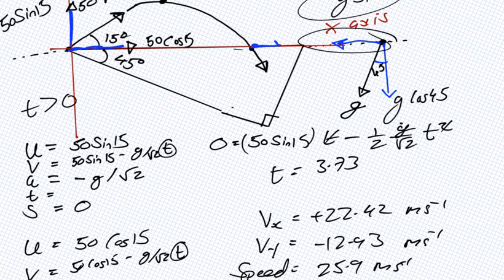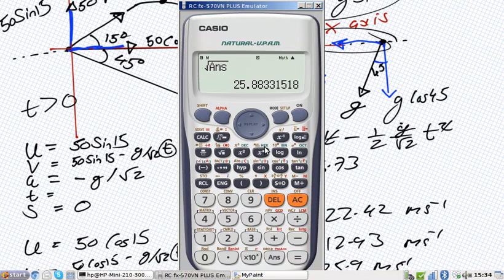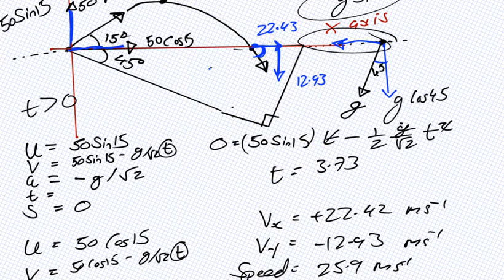Horizontally it's going at 22.43, and in the y direction it's going down at 12.93. So it's going into the plane at this angle, which will be tan inverse of 12.93 over 22.43. So it's heading into the plane at an angle of 30 degrees. Okay, that was a tricky one.